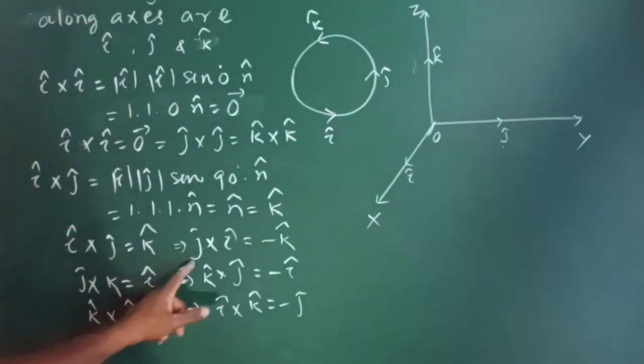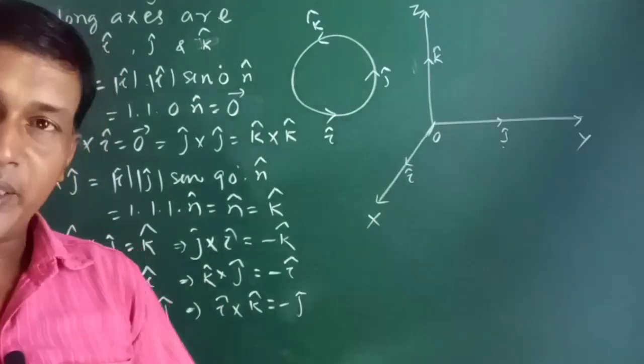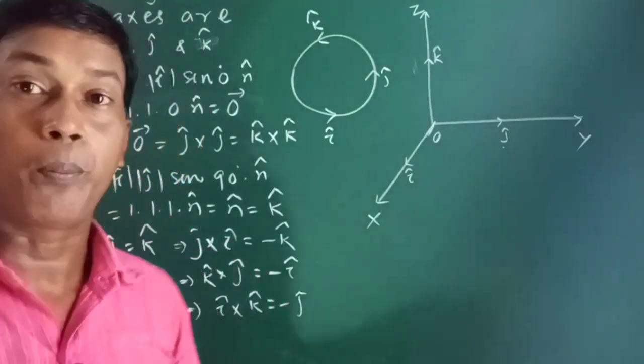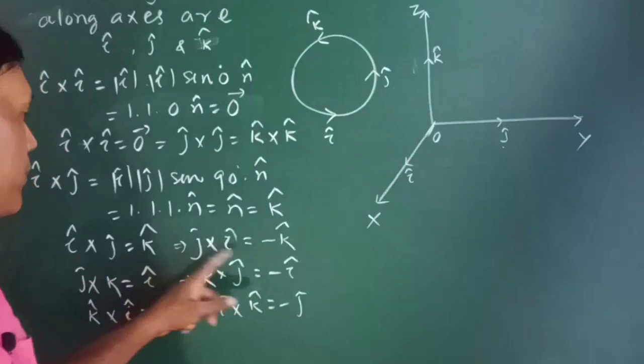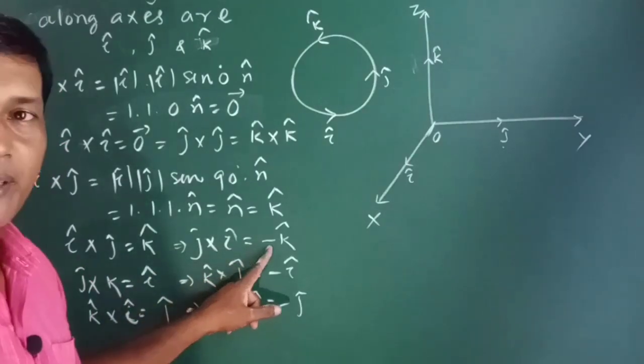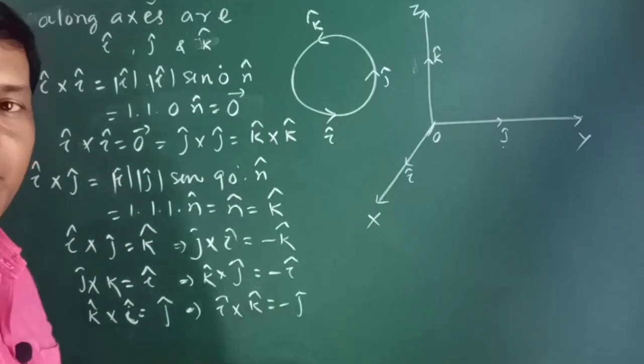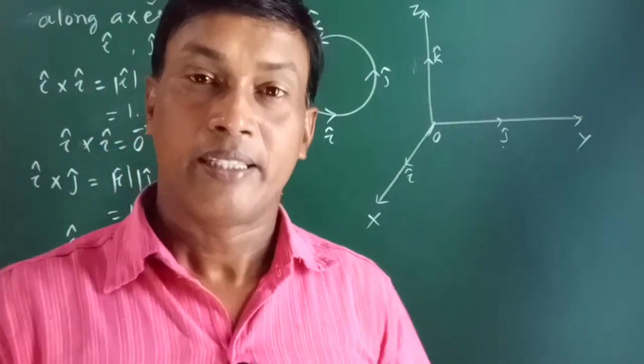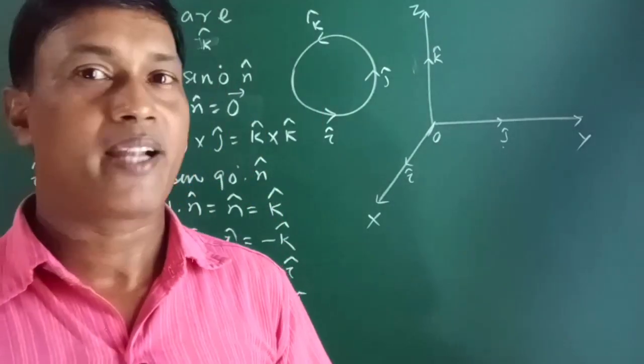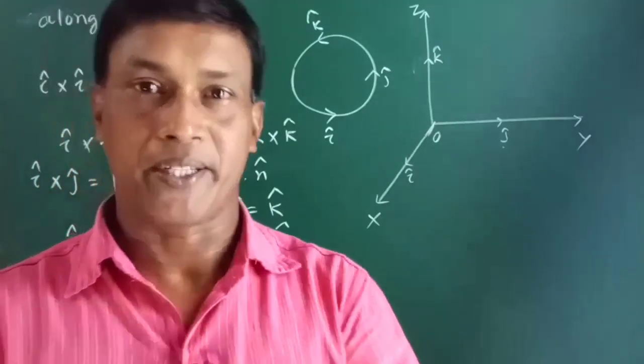I cross j and j cross i are two vectors having the same magnitude but opposite direction, so the vector becomes a negative vector. So this is the cross product of orthogonal unity vectors. This will help us to find the cross product of two vectors.